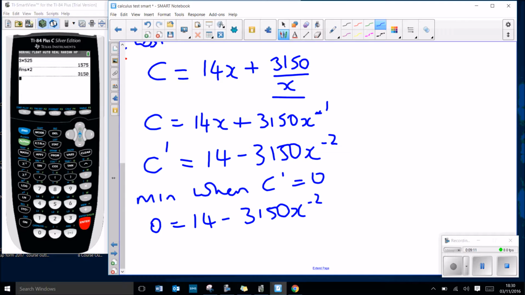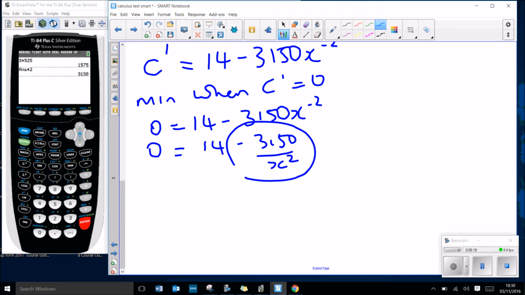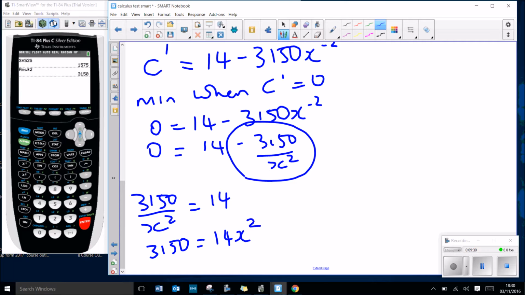So 0 equals 14 minus 3150 over x squared. I'm going to bring this over to the other side, so 3150 equals 14. Bring my x squared up to the top.